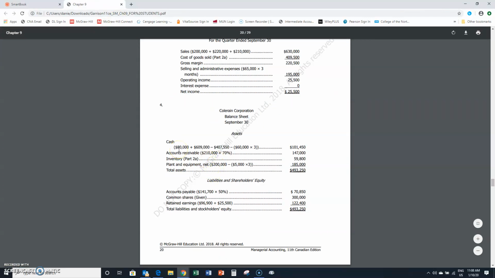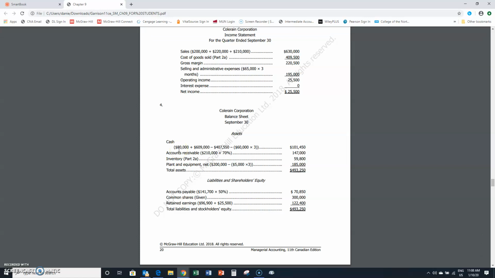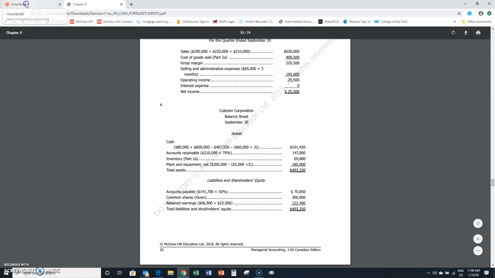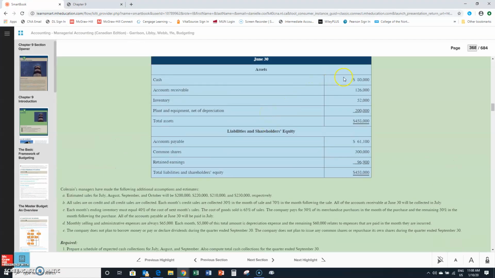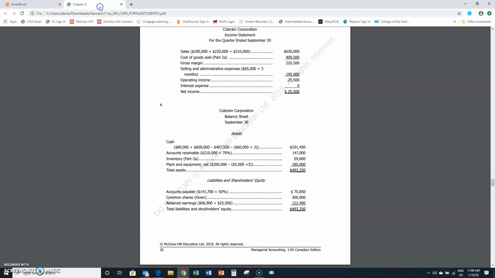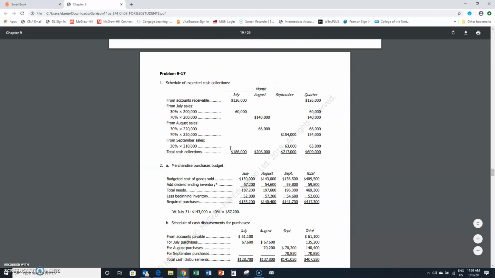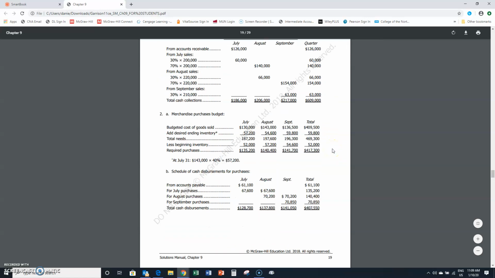So for our balance sheet, cash. We have to go back. So we started off with cash of $80,000. And then what else affected our cash? We started off with 80. We're expected cash collections in total of $609,000. So we had 80. We're expected to receive $609,000, but we're also expected to pay out $407,550.